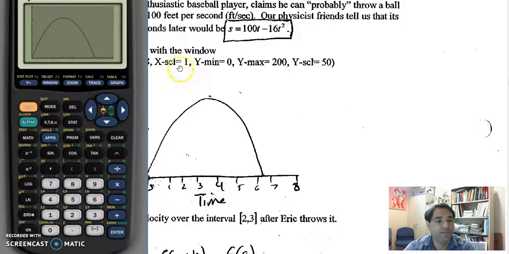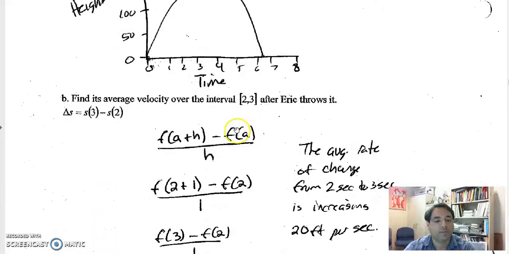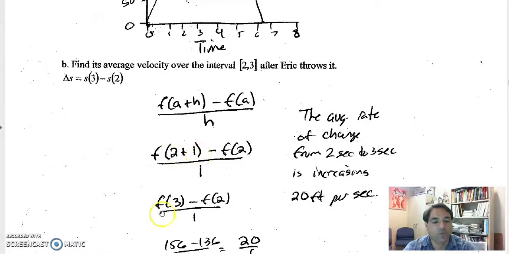So, as a review of everything we've learned so far, find the average velocity from 2 to 3 seconds. We're starting at 2, ending at 3, so a is 2. A second later, h would be 1, so f of 2 plus 1 is 3, f of 3 minus f of 2 over 1 second later.